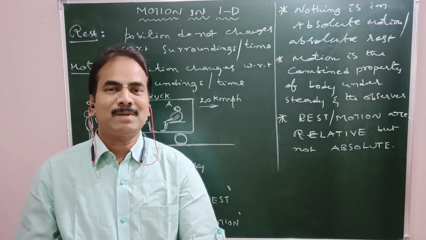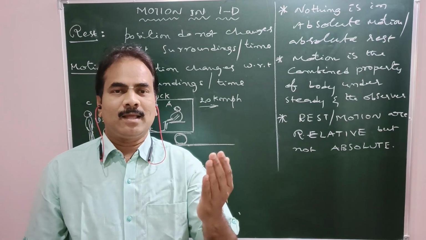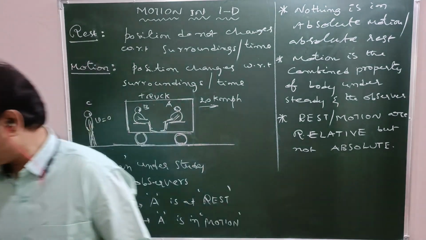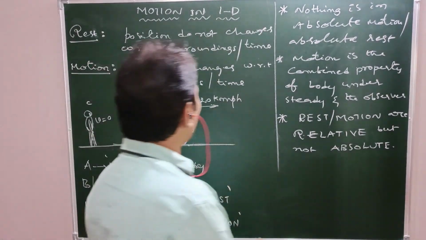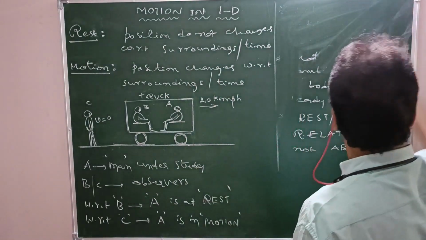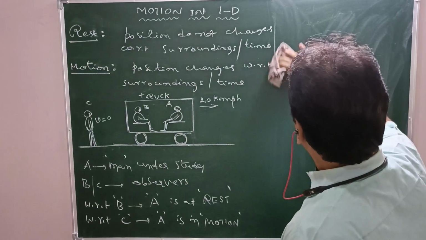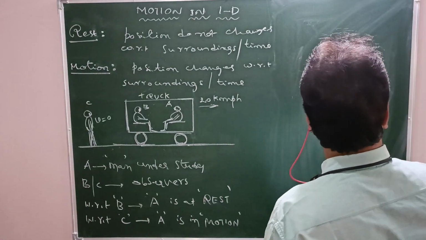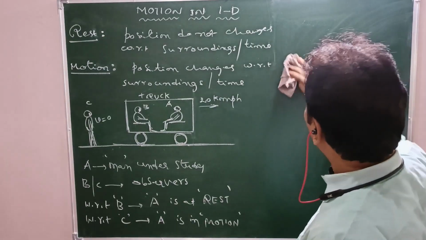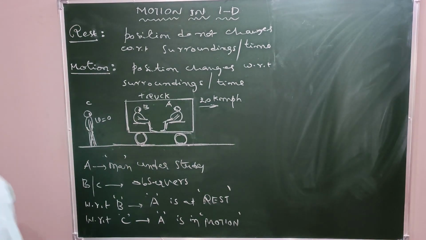That background with respect to which observations are made is usually known as the reference frame or frame of reference. It is the background from which observations are made.